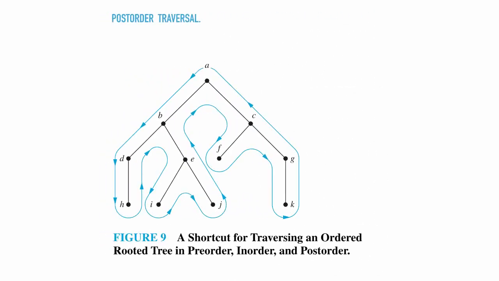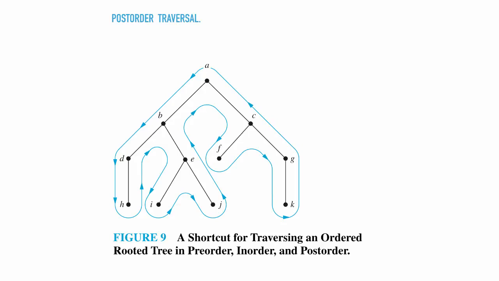There are easy ways to list the vertices of an ordered rooted tree in pre-order, in-order, and post-order. To do this, first draw a curve around the ordered rooted tree starting at the root, moving along the edges as shown in the example in Figure 9. We can list the vertices in pre-order by listing each vertex the first time this curve passes it.